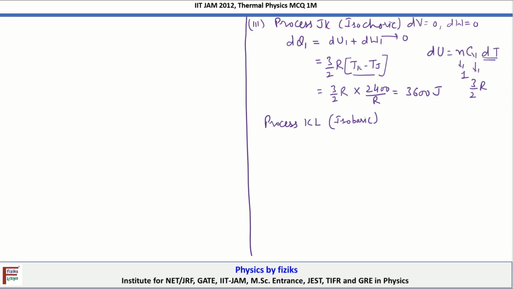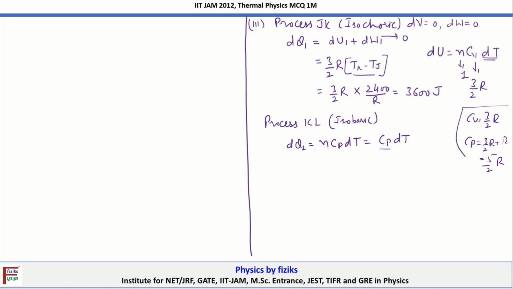In an isobaric process, the heat change involved, if we call this dQ2, is equal to n Cp delta T. Since n is 1, it is simply Cp dT. What is Cp? Because it's a monatomic gas, Cv is equal to 3 by 2 R, so Cp will be 3 by 2 R plus R, which is equal to 5 by 2 R.